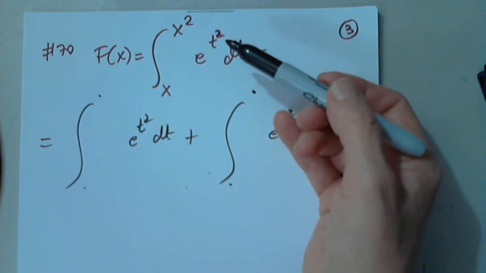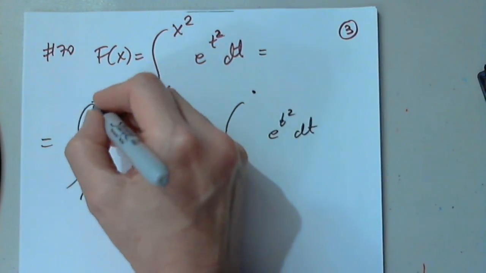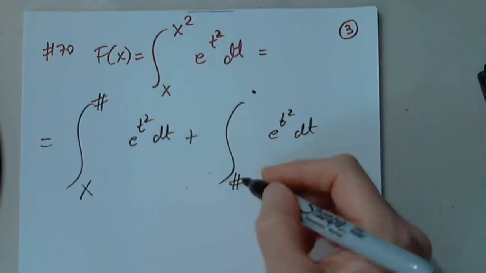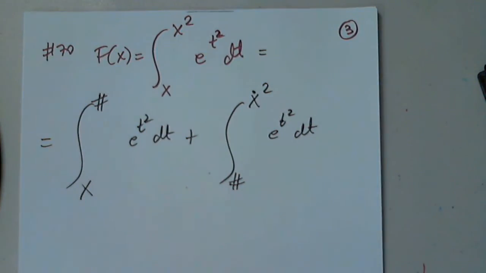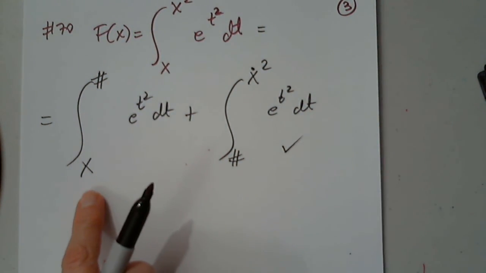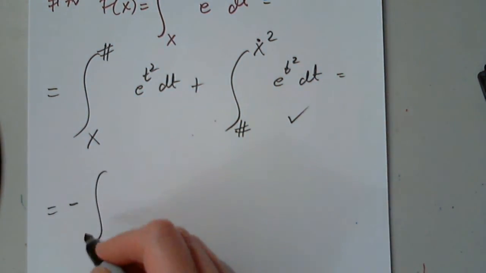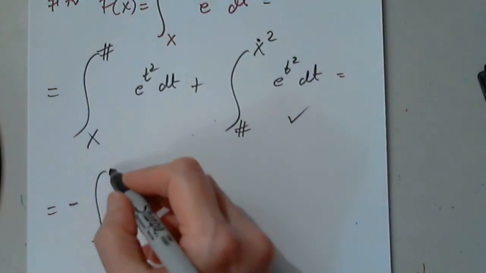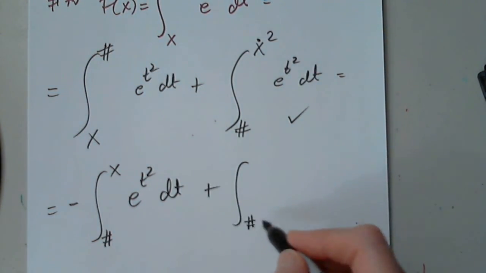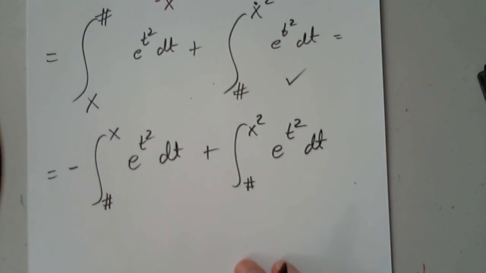I'm going to treat them in the same way as an interval. I'm going to say from x to a number, you can put in there anything you want, but it has to be the same number to x squared. Now this integral is okay, but this one is not, but we just applied that property a minute ago. So this is negative from that number to x, e to t squared dt, plus the integral from the same number to x squared, e to t squared dt.